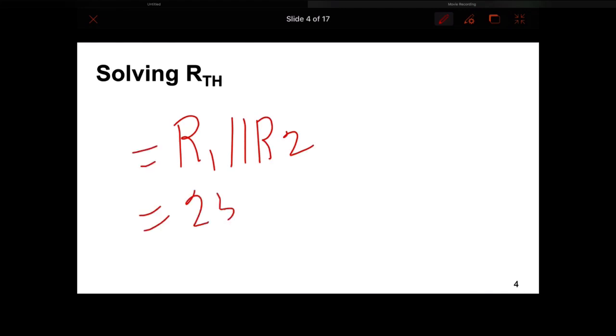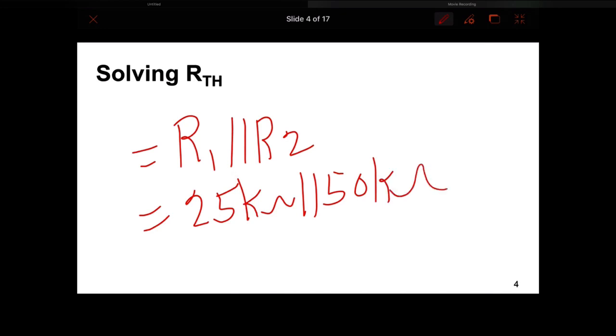That equals 25 parallel 50. So that's 16.66 or 67. I don't care if you round it off or not, doesn't matter.